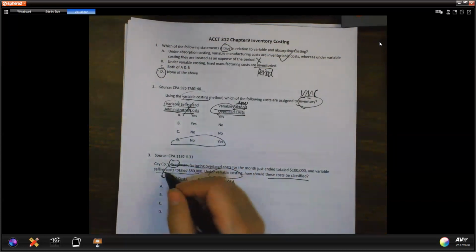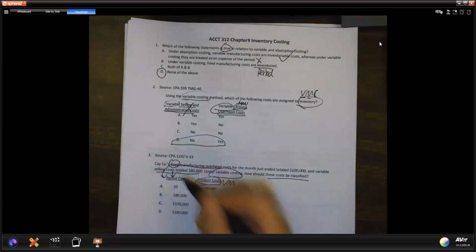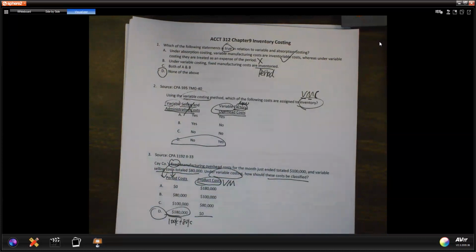And selling is always our period cost. So your period cost will be 100,000 plus 80,000, which gives you 180,000. Neither of these two is a product cost, so our product cost is 0. So your answer is D again.